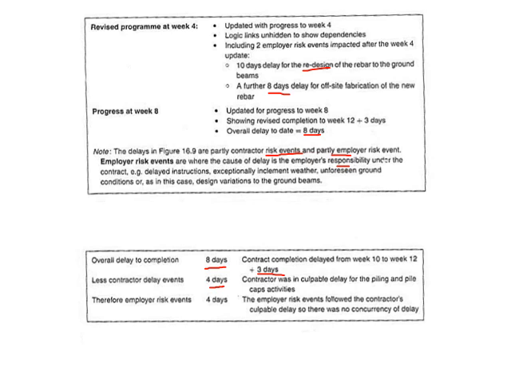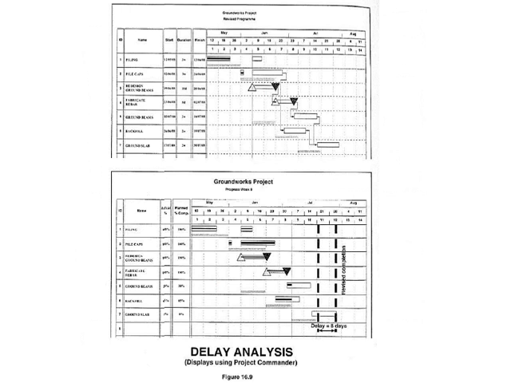Contractor was incapable delays of the piling and caps activity, so basically he had 4 days delay of that, and therefore the employer risk events is 4 days. So basically this just evaluates that 4 days of the total delay was for the contractor, and then 4 days was for the client. Okay, and it just shows you that further delay.